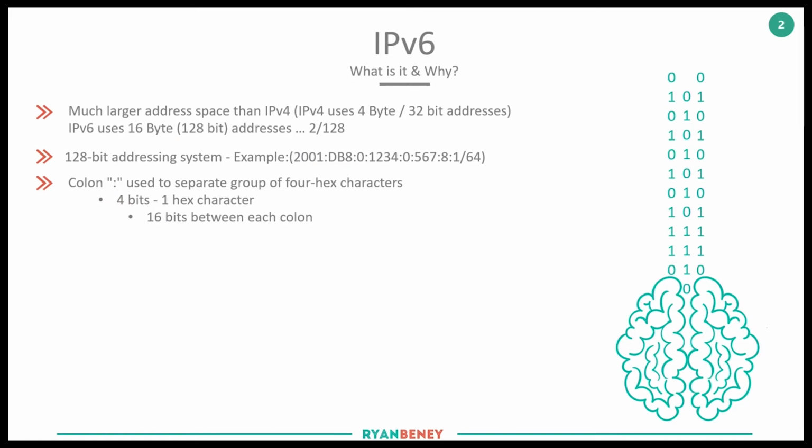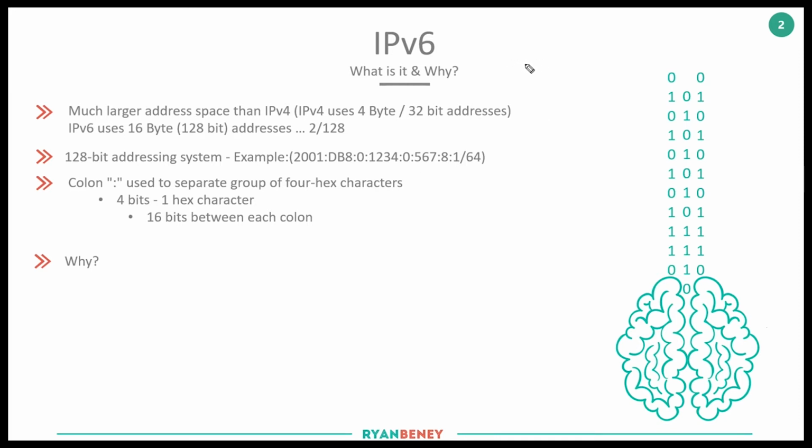What else do we need to know about IPv6? Why is IPv6 even needed? We know that in IPv4 there are a lot of addresses, but we also know that there are not many left. In fact, I'm pretty sure that RIPE, the organization that controls this, has handed out the last IP ranges.